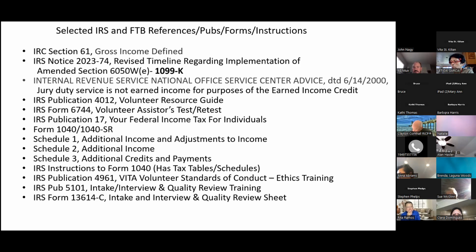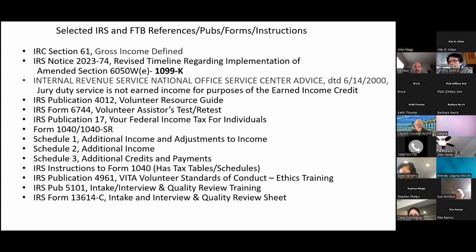Now, when we're talking about the next tax year, which is tax year 2024, what that means is if you've received $600 or more from certain entities and you're eligible for a 1099-K, you're going to receive a 1099-K. And again, when you do have a taxpayer that comes in with an information return, sure, you're going to take a look at it, you're going to ask some questions, and sometimes an information return does not have taxable income on it. And so that's why you have to do a little bit of probing, if you will.